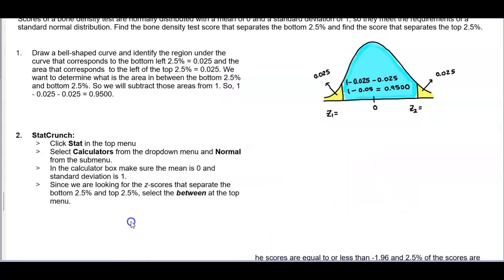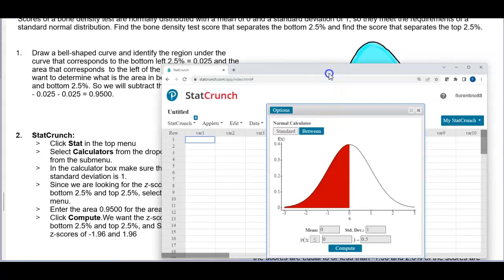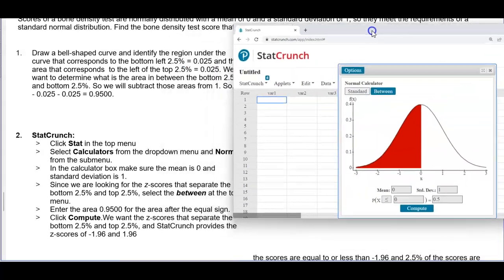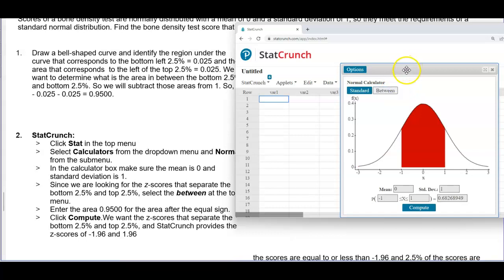In the calculator box, we want to make sure that the mean is 0, and that the standard deviation is 1. Now, since we are looking for the scores that separate the bottom 2.5% and the top 2.5%, we want to select between at the top menu.